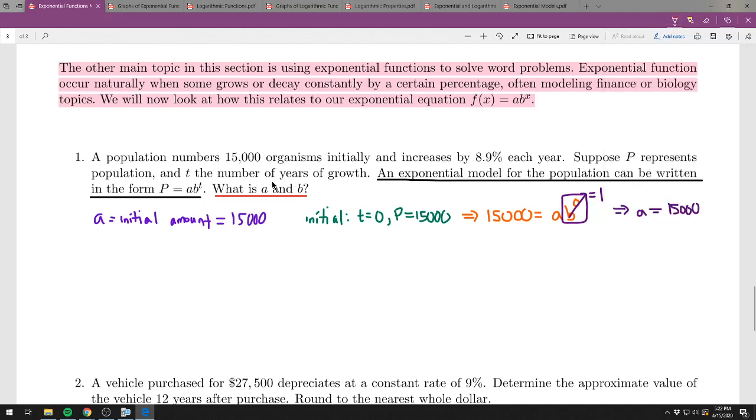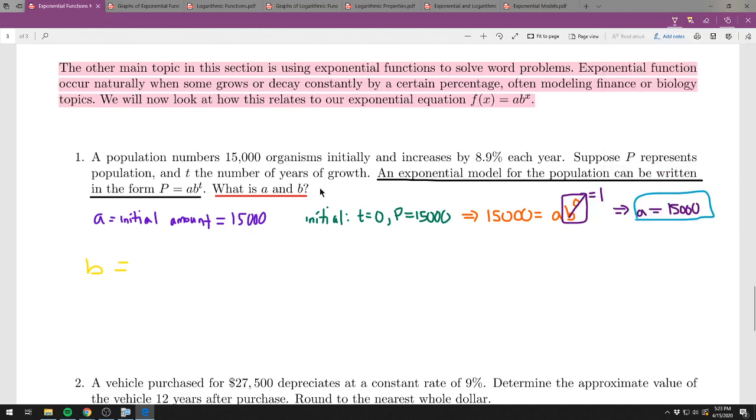All right, so we got A. The other question, B, is answered very differently in this problem as opposed to the previous section. All right, so B is the base of the exponent, which has to do with the way it's increasing.